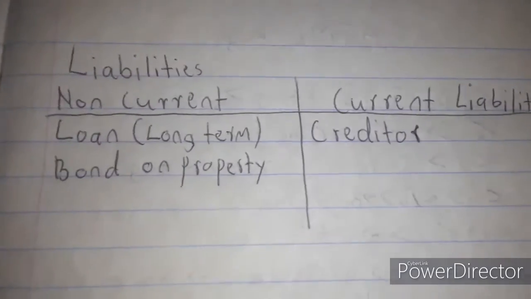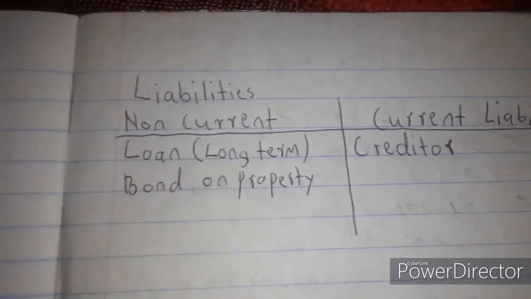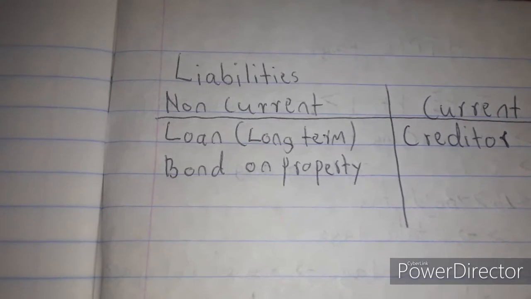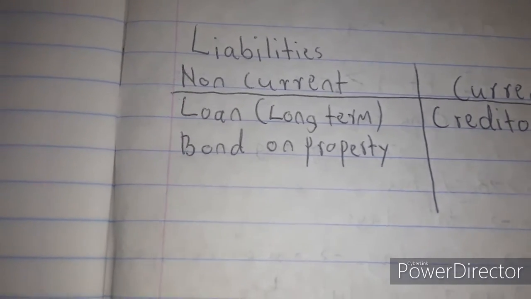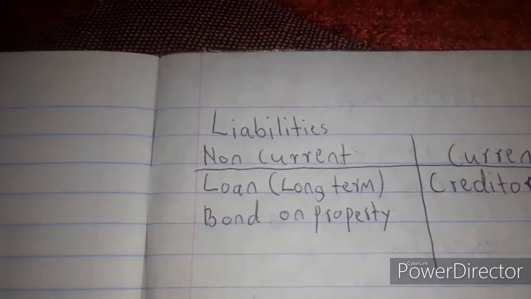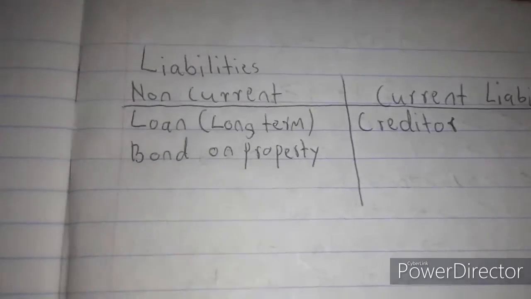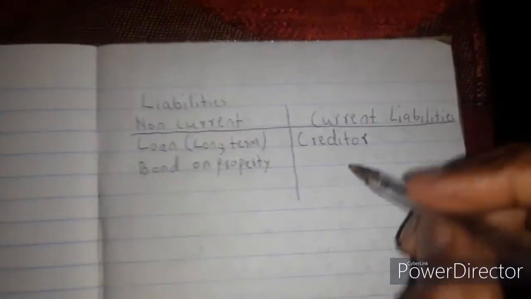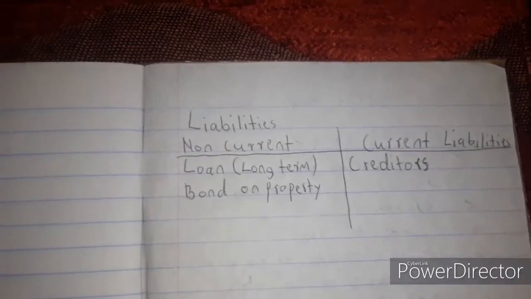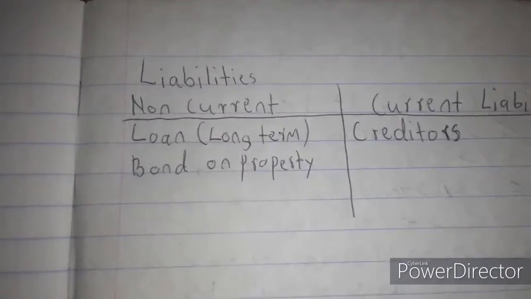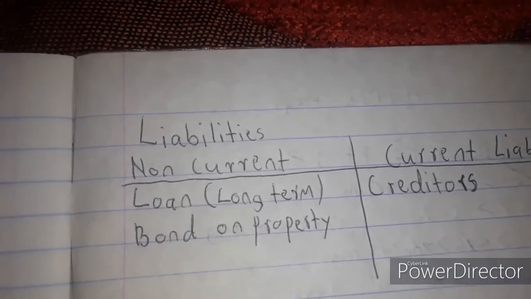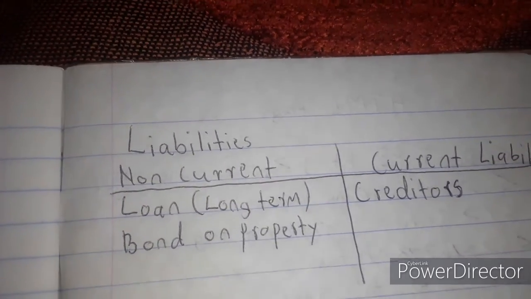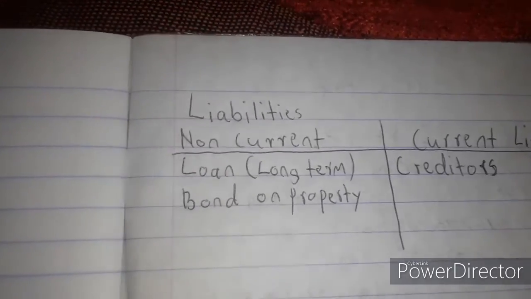Creditors are those organizations or individuals to whom the business owes money. So they are called creditors. Maybe the business bought something on credit. So those are creditors. Then the bank overdraft.